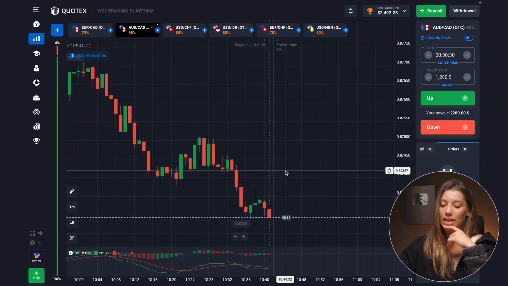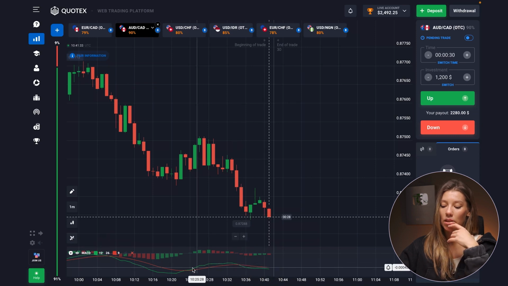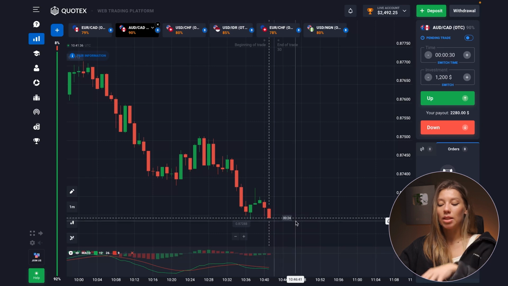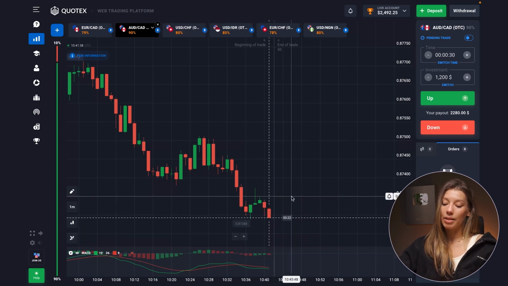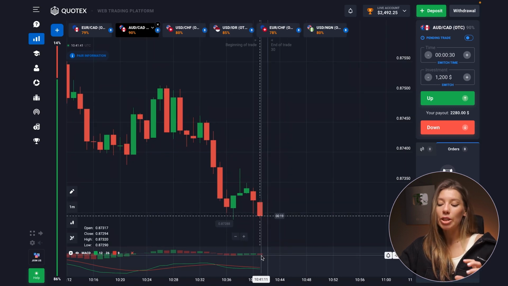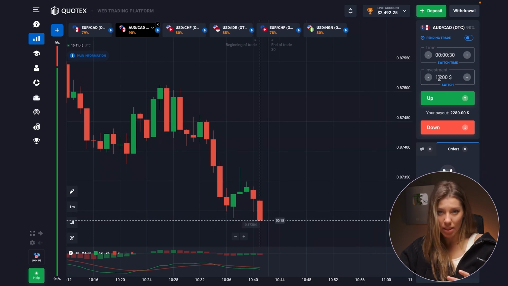Okay, so in this case everything is going downstairs, but with a smaller speed, and you see that all the lines are below the zero level, so this means that it's perfect to use all the signs along the MACD. And I'm going to reuse my investment, and I'm going to go here with the reds.